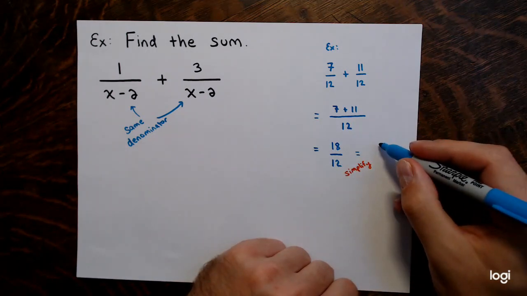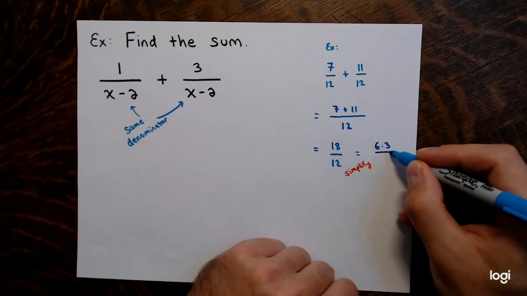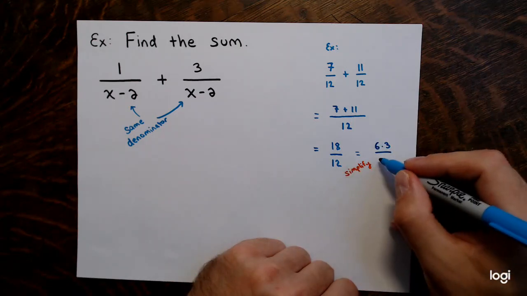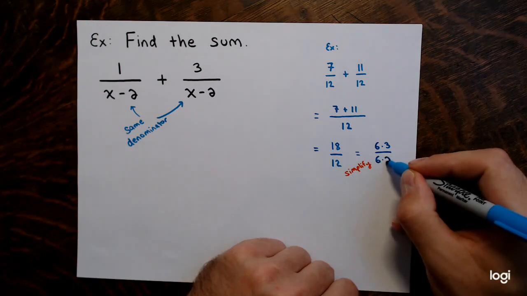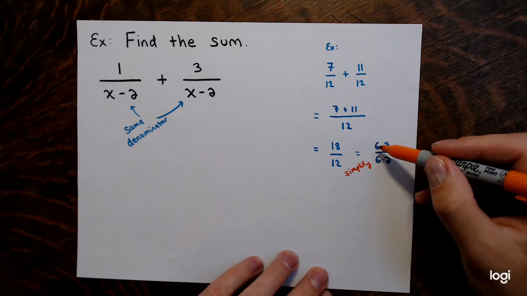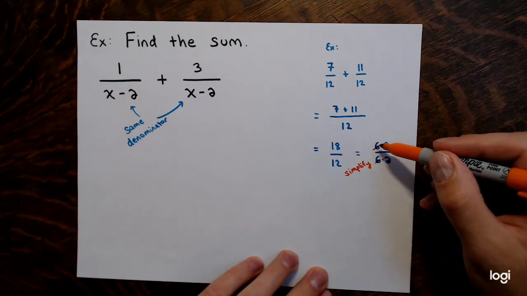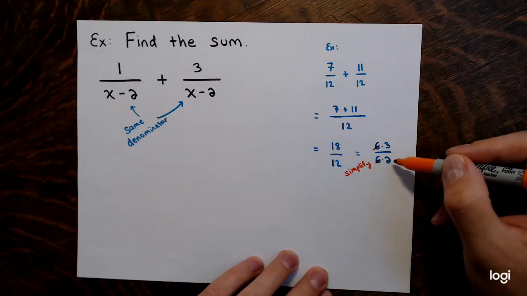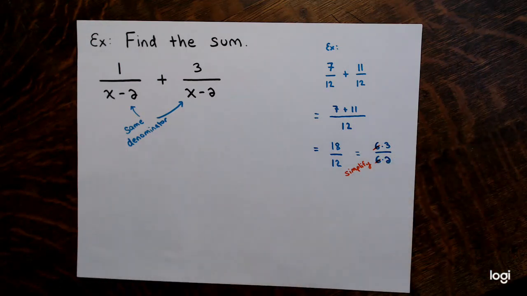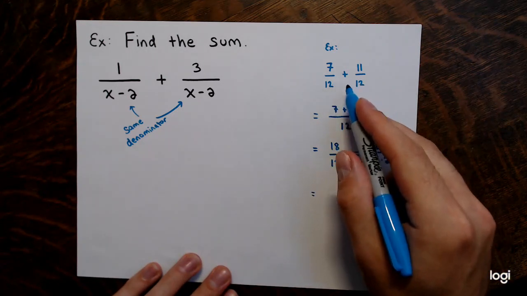If you think about it, 18 is 6 times 3, and 12 is 6 times 2. And then you're seeing the common factor of 6 that you can divide out. Those become 1. So it's like having 1 times 3 divided by 1 times 2. So 3 over 2 is the final result of this addition.